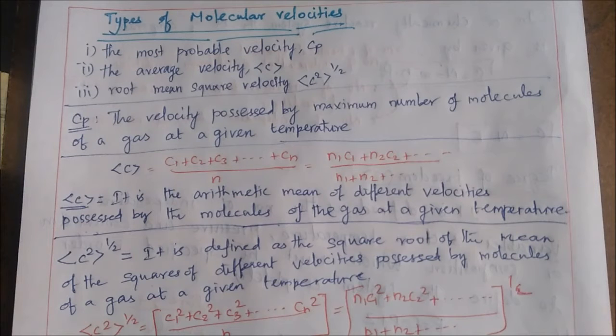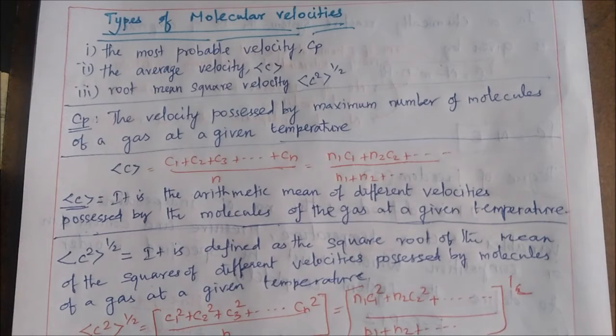Likewise, we can calculate. And what is RMS velocity or root mean square velocity or root mean square speed? It is from the word again. Root means taking root or power 1 by 2. Mean means average. Square means we have to square any value to the power 2.